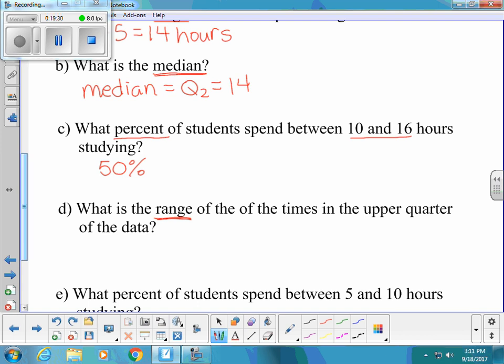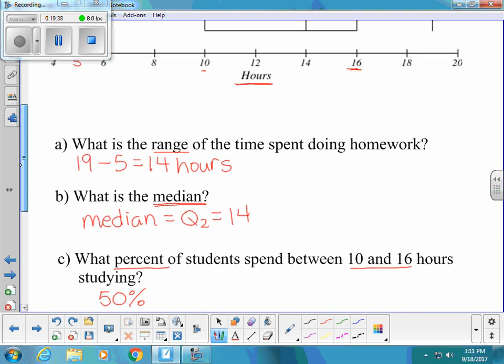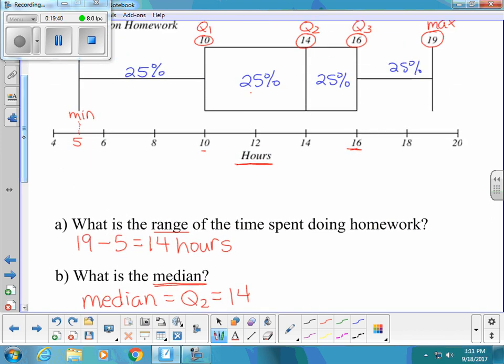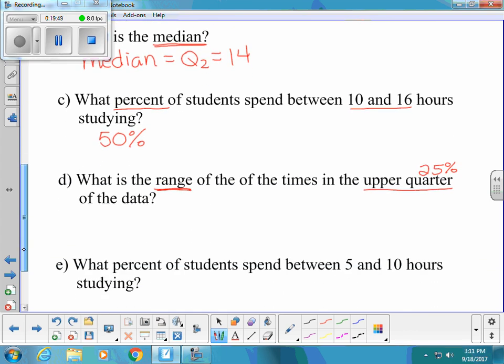But in this case, it specifically says the upper quarter, quarter meaning 25%. The upper quarter is going to be down here, from 16 to 19. The range would be 19 minus 16, so that's 3 hours.